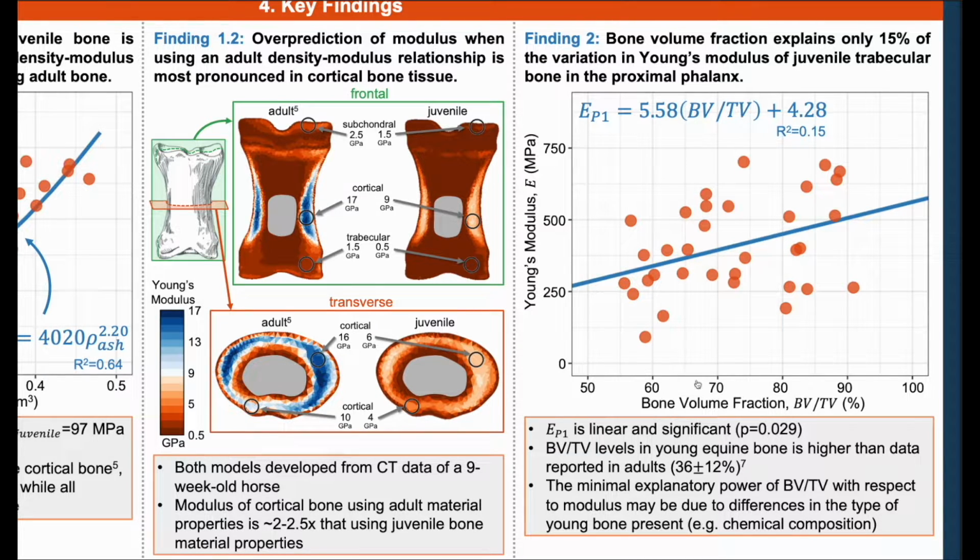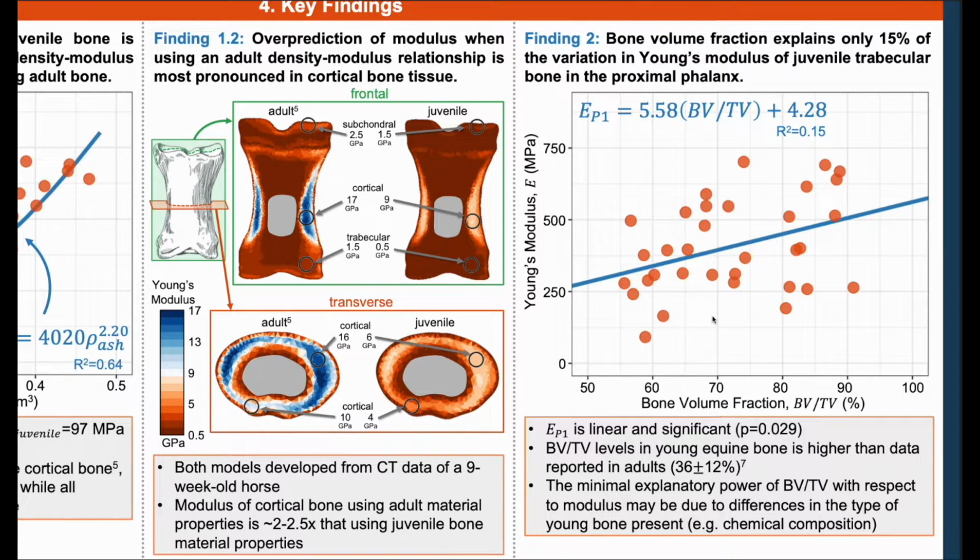As far as the range of bone volume fraction values, here we're going from about 55 to 90, and this range is higher than data reported for adult horses, which was 36 plus or minus 12%. This is also a higher range than human trabecular bone. The minimal explanatory power of bone volume fraction with respect to modulus may be due to differences in the type of young bone present, specifically chemical compositional differences within the bone since it's so young.